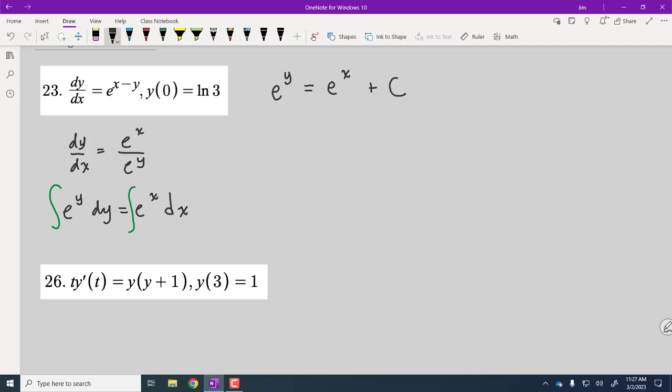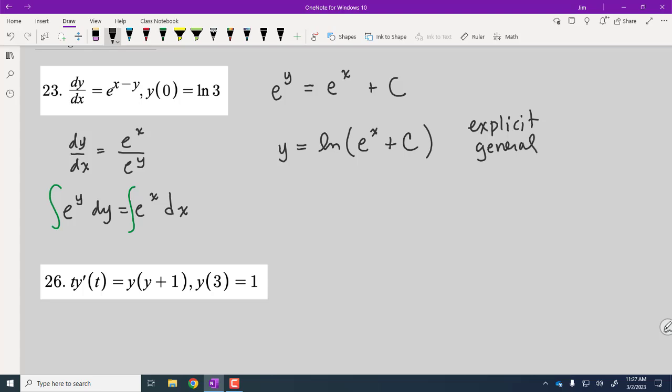We now have an implicit general solution. It's implicit because we haven't isolated the y yet. But we can isolate the y if we take the natural log of both sides. Now we have the explicit general solution.